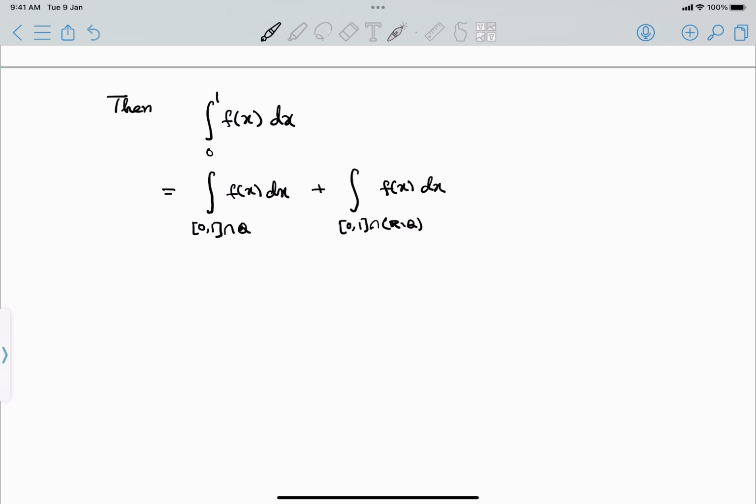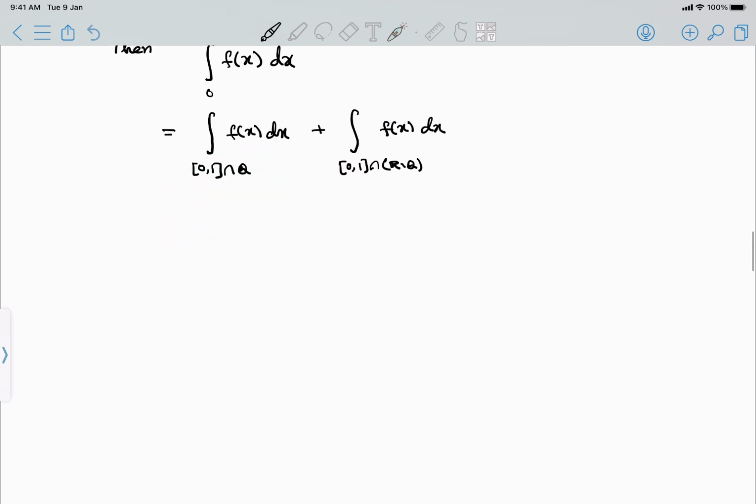This is the Lebesgue integral we are finding, and the integral over a countable set does not matter. Also, in Q this function is 0, so this is 0.